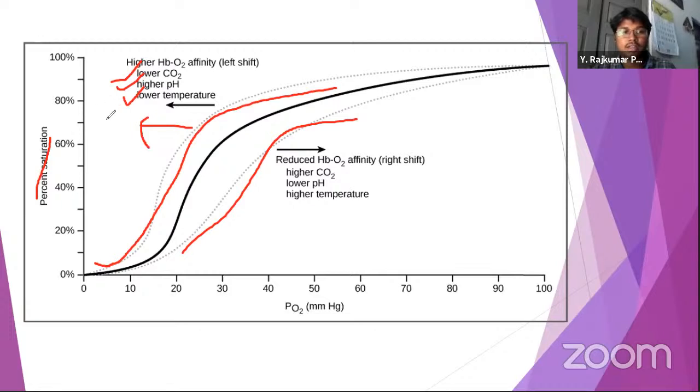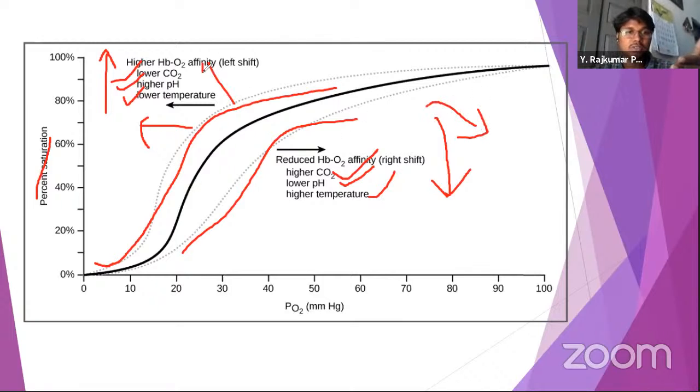That means oxygen saturation is high, oxyhemoglobin formation is high. But at high carbon dioxide, low pH and high temperature, the line will be shifting away from the y-axis. That means oxyhemoglobin formation is less. This is the dissociation and this is the association.